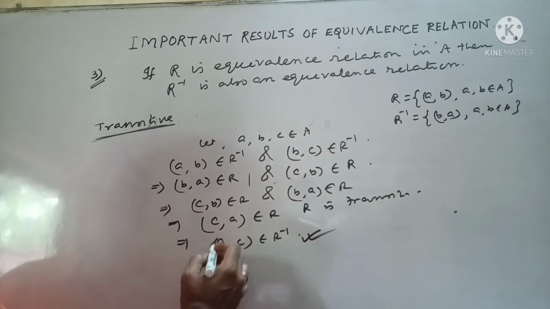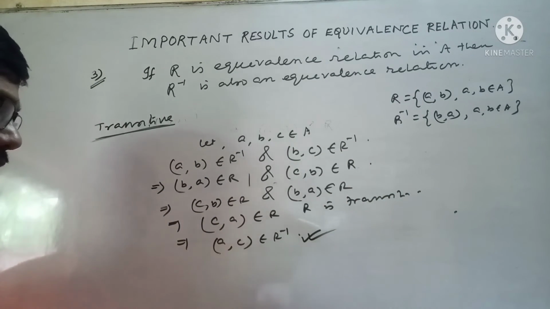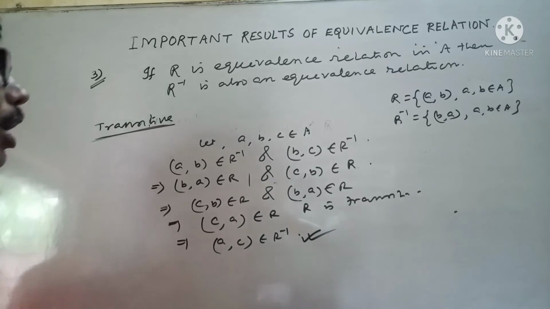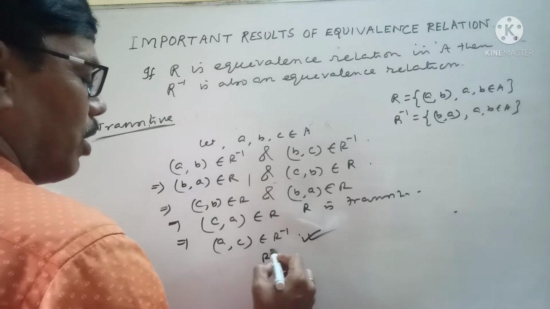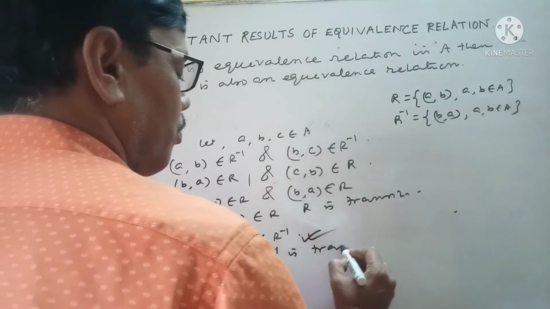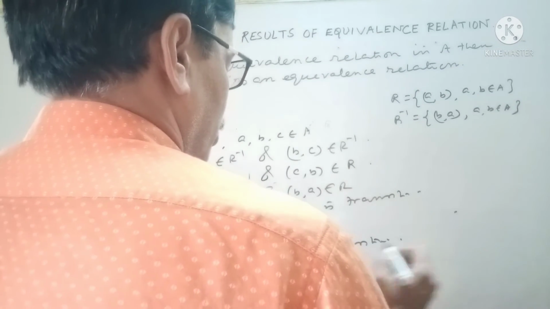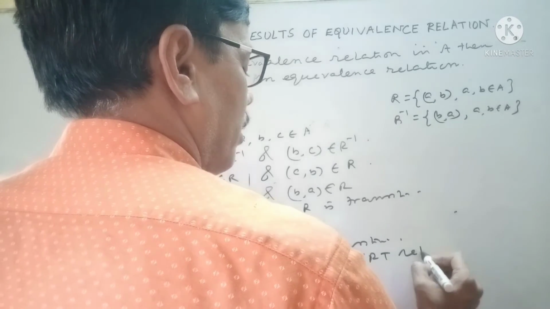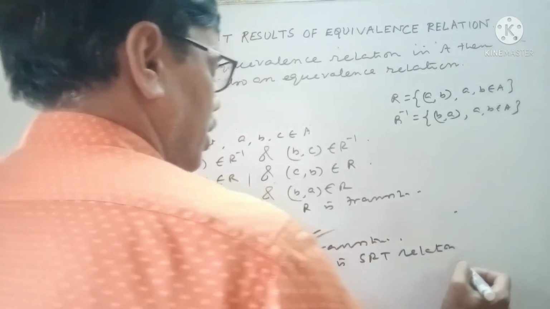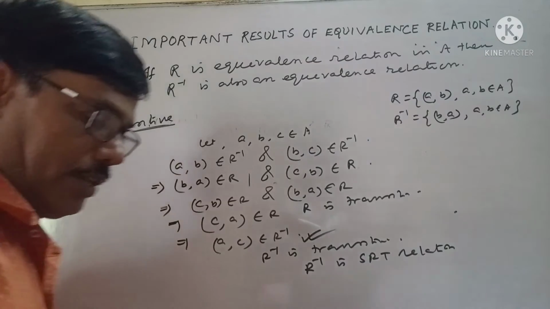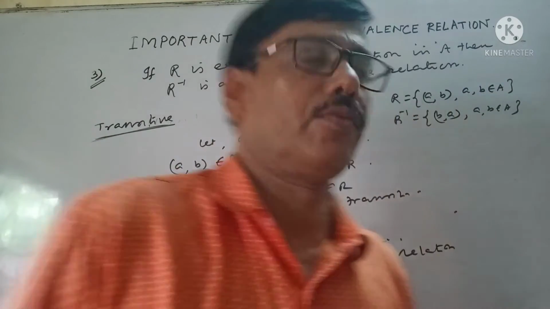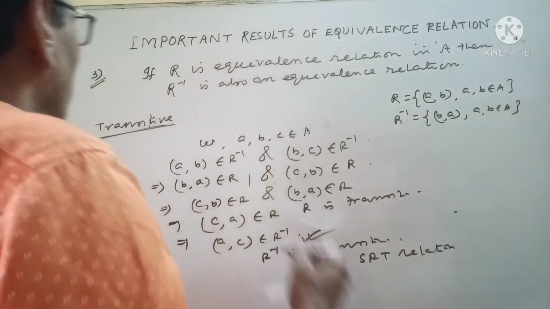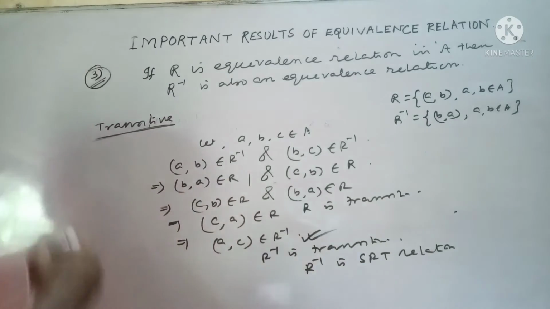And CA implies AC belongs to R inverse. So R inverse is transitive. So R inverse is a symmetric, reflexive, transitive relation, hence it is an equivalence relation. So you remember this result also.